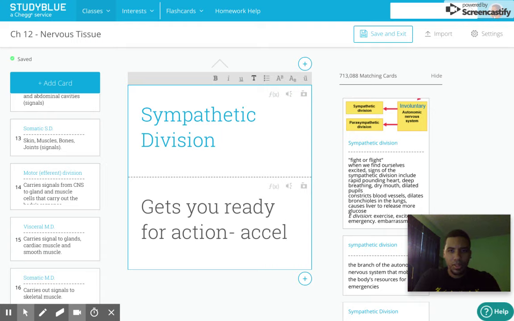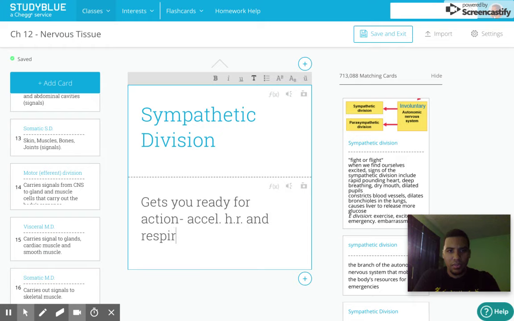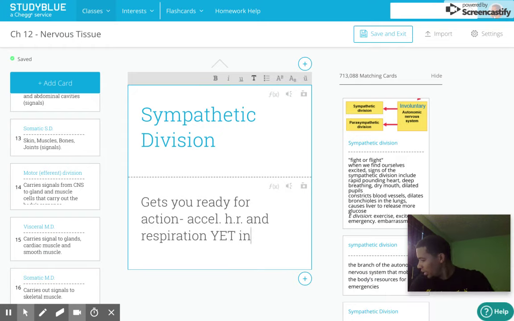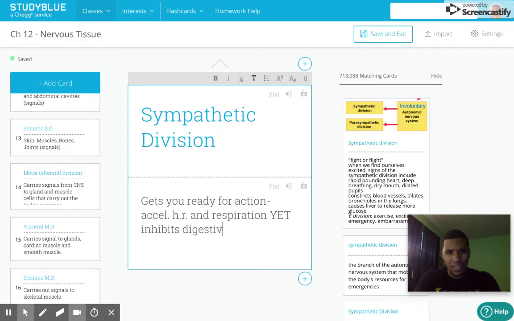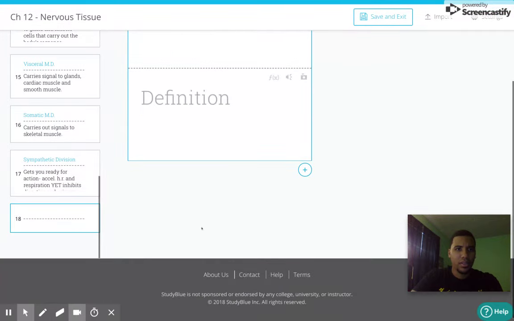So accelerate heart rate and respiration. Yet, I'm going to put here, yet inhibits digestion and urinary system. So it inhibits digestive and urinary systems.